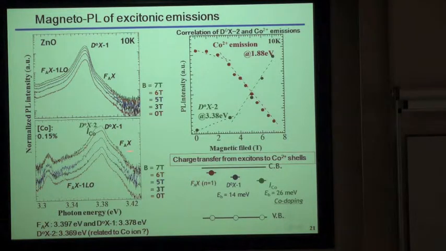After 3 Teslas, there are no shoulder peaks at the bound emission energy regions, but above the threshold the peak increases like this, and on the contrary the emission at the cobalt state is suppressed like this. It means that there is some energy transfer from the band emission to the DD band.